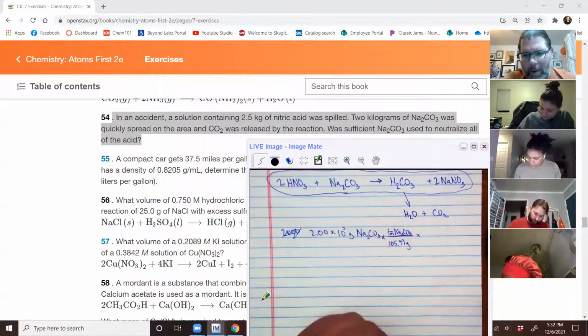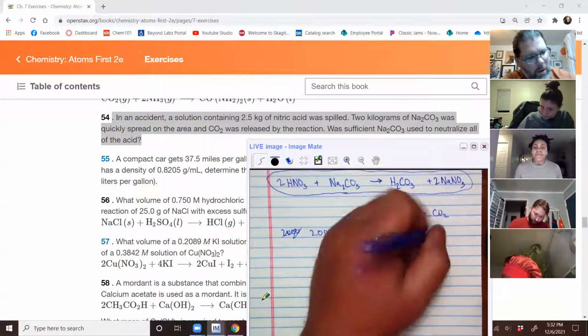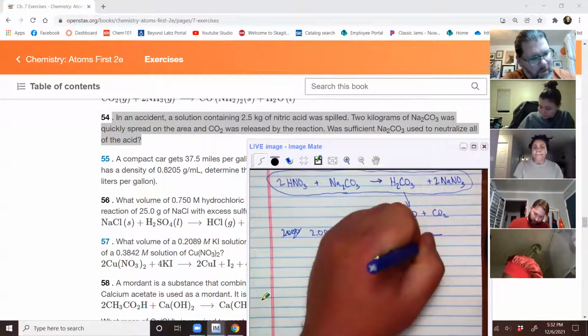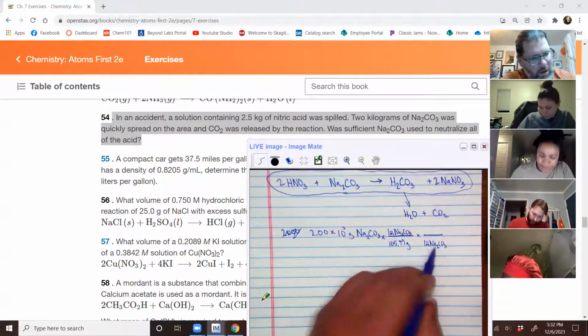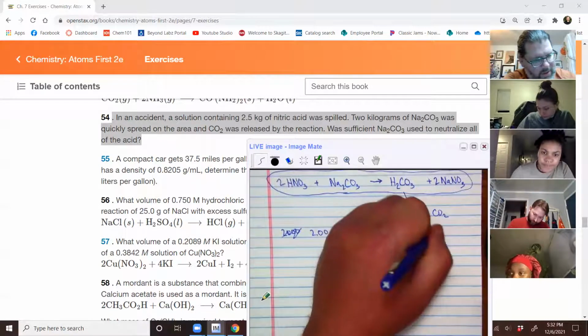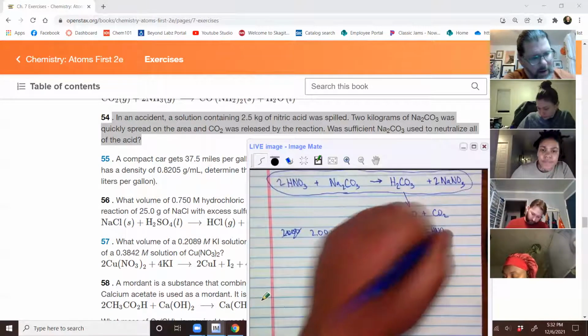Now, from our balanced chemical equation, we know that for every 1 mole of Na2CO3 that we use, we can neutralize 2 moles of HNO3.